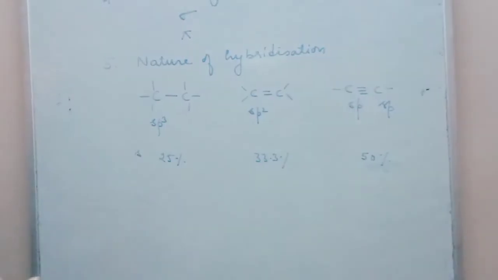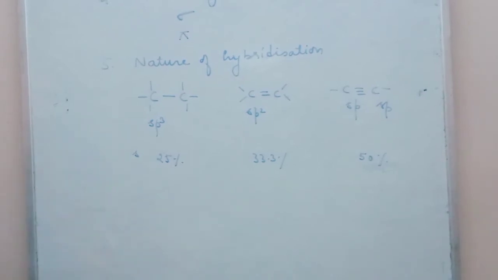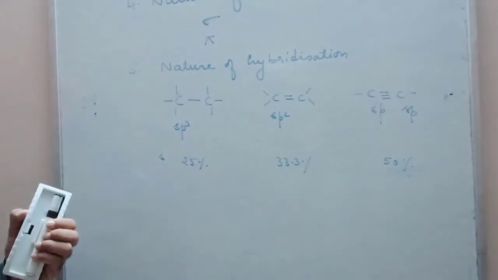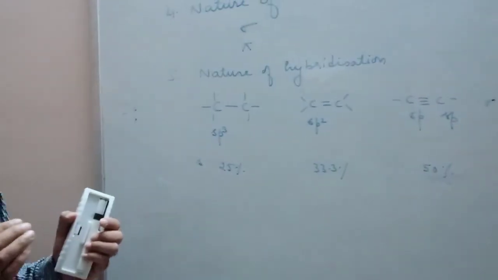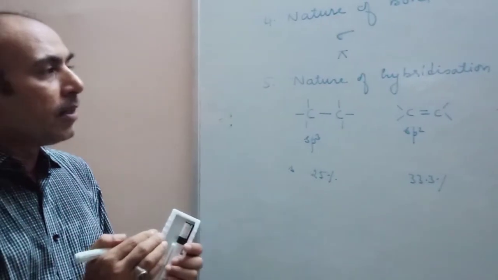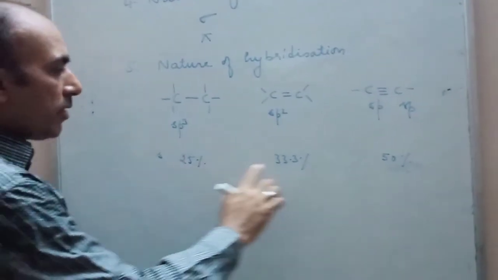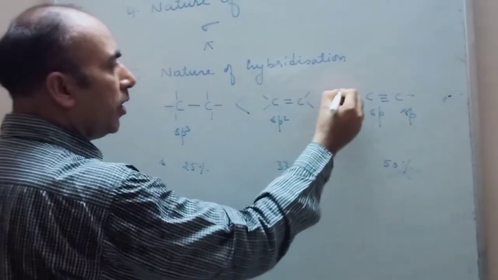In hybridization, as the S character increases, the orbital size becomes smaller and the bond becomes shorter and the energy increases. In this way, as the S character is increasing, the bond energy increases.